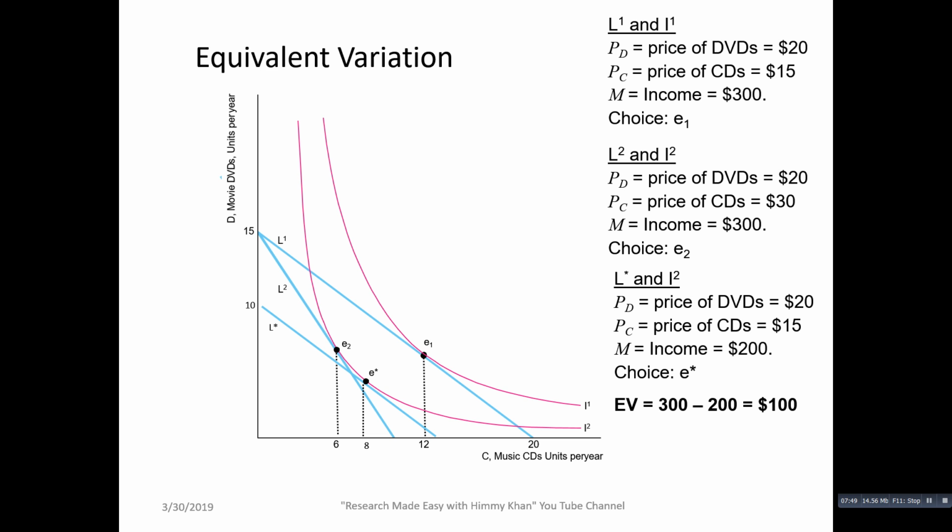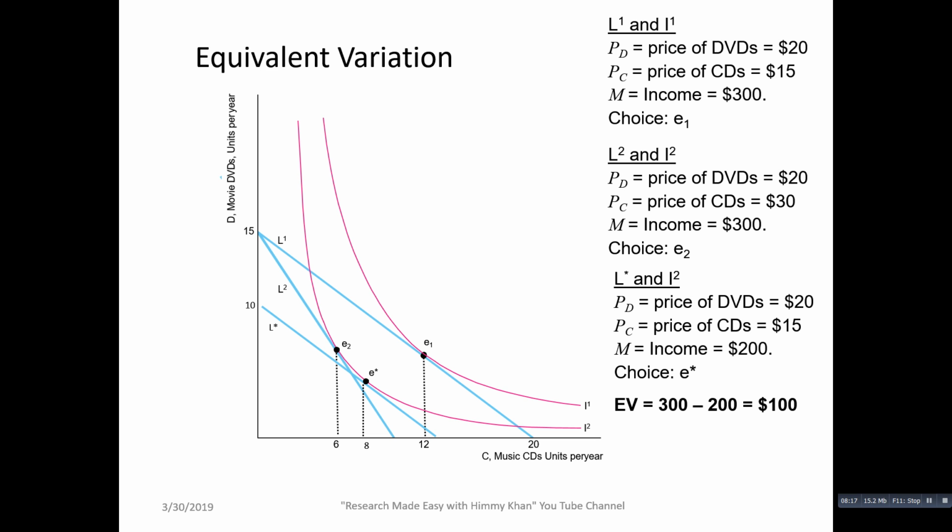Now we are analyzing this case in terms of equivalent variation. What it means is how much income the consumer has lost due to the change in the price, real income I mean. So the price of DVD remaining the same at $20, the price of CD is $15.